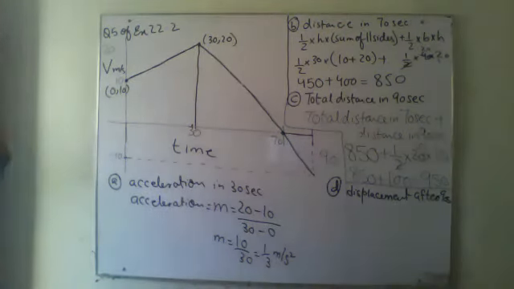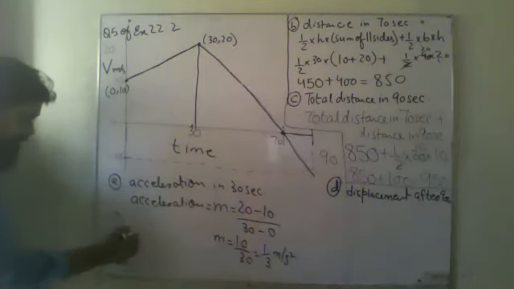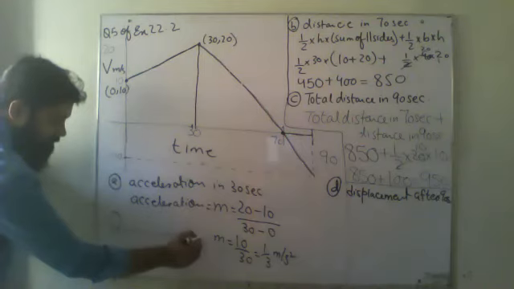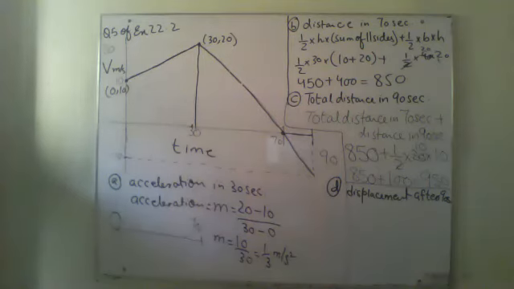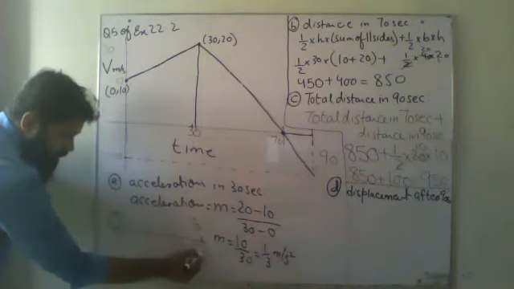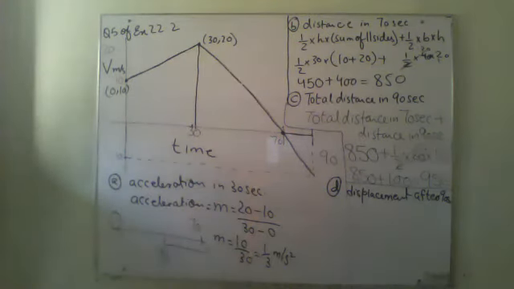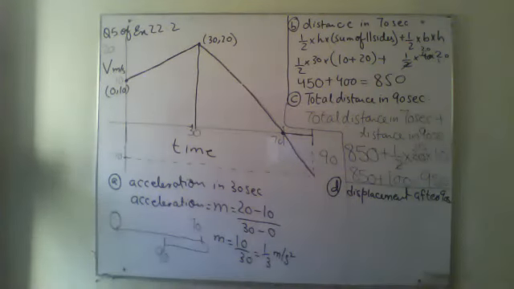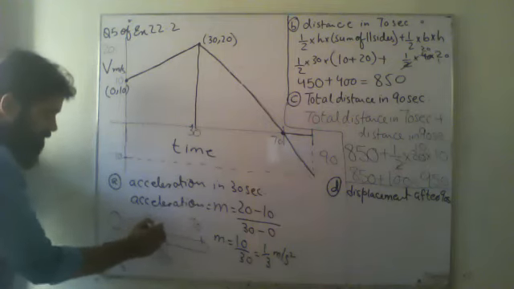So if I draw this thing, it is something like this. This was the starting point. The body was moving in this direction till 70 seconds. After that, velocity becomes 0. So it means the body has taken a U-turn and now the body is coming back and it stops at 90 seconds. So how far is your body? First of all, I have covered 850 over here.